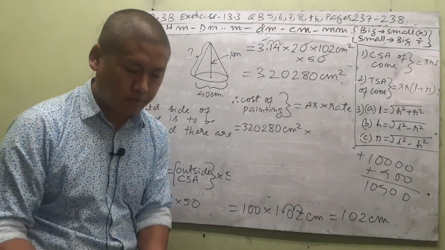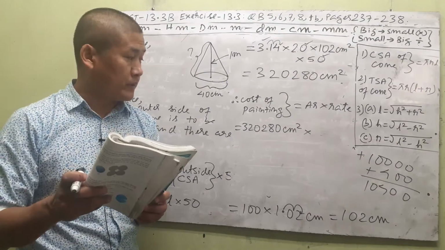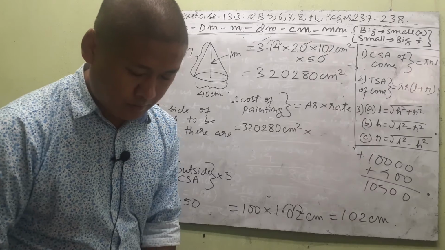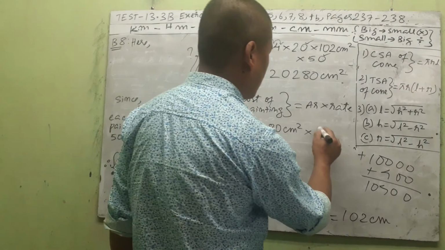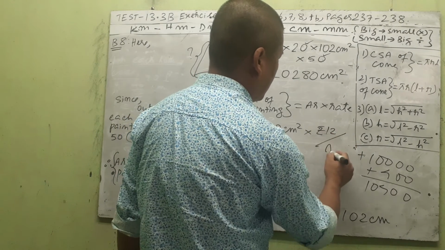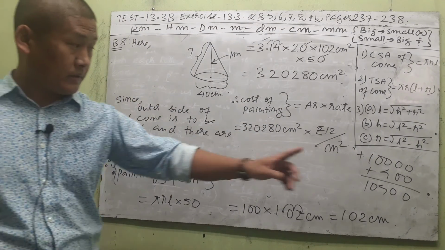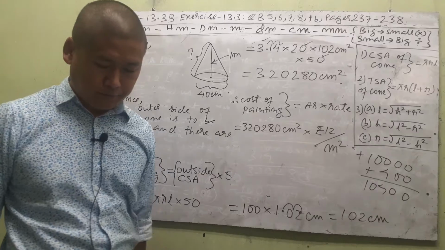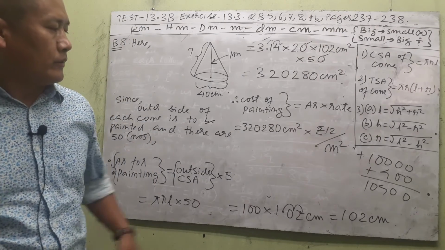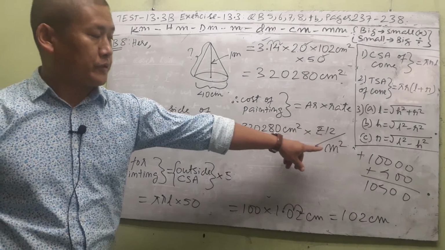If you see in the question, rupees 12 per meter square. So we can see the rate is in meter square and the area is in centimeter square. So we better change this centimeter square to meter square to match this one.